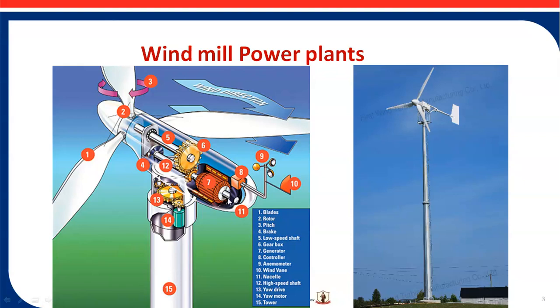Then another type is the vertical axis type, called the Darrieus type wind turbine. It consists of a hollow vertical shaft mounted between top and bottom bearings. The lower bearing is supported on the foundation and the upper platform is supported by six guy ropes. Thin and curved blades are attached to the rotor shaft at the top and bottom of the shaft.